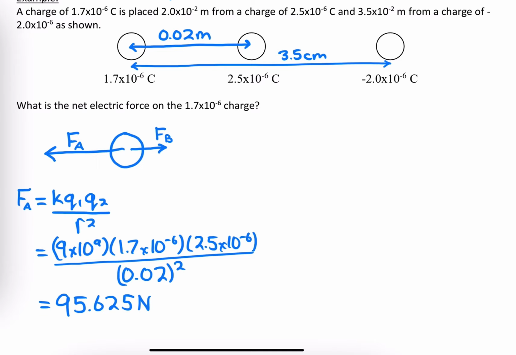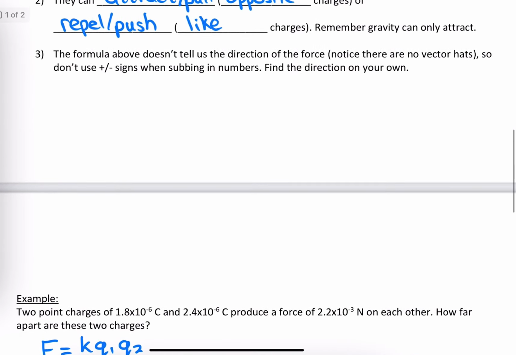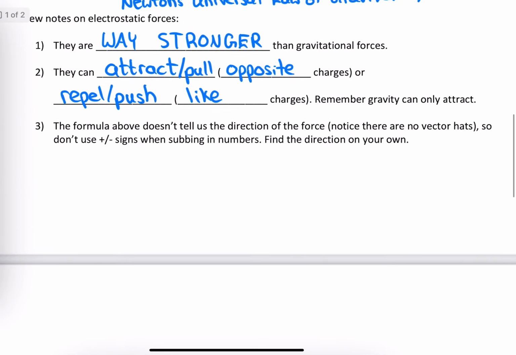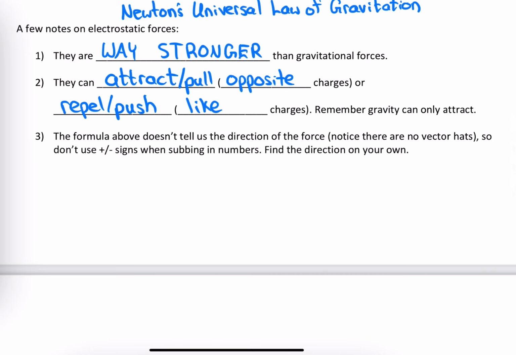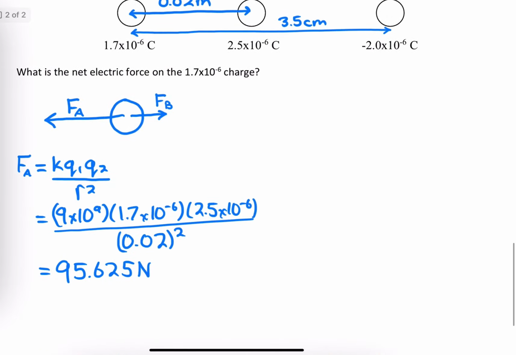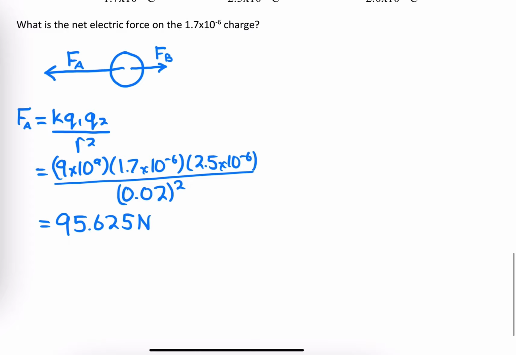And again, a reminder, remember we wrote this note on the previous page, that the formula doesn't tell us the direction. We have to find the direction on our own. So we've kind of done that down here. I found the direction on my own first.